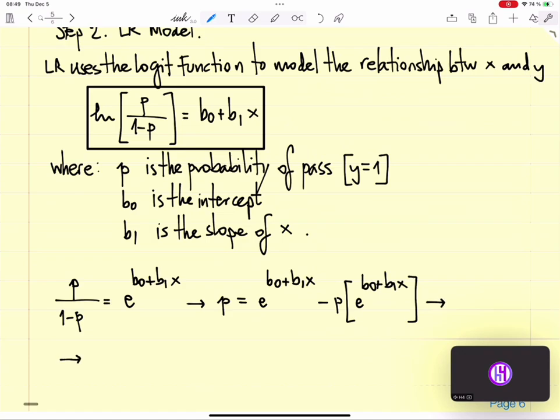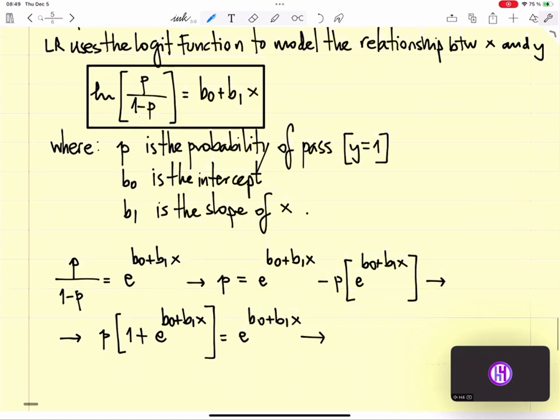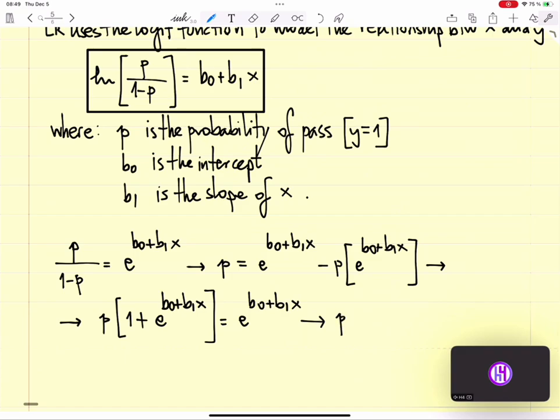This means that p multiplying 1 plus e to the b0 plus b1x equals e to the b0 plus b1x. And as a result, we get that p equals 1 divided by 1 plus exponential of minus (b0 plus b1x).